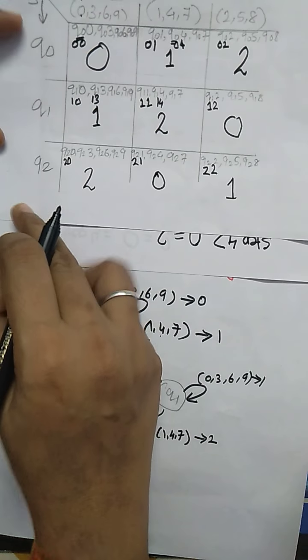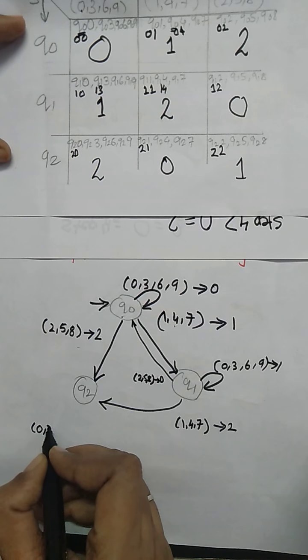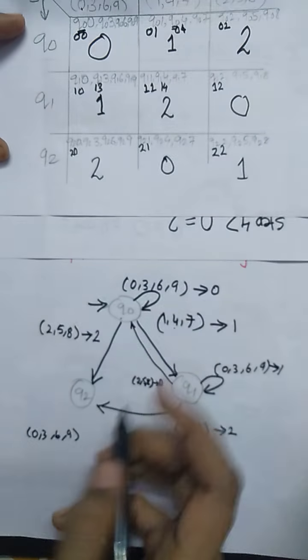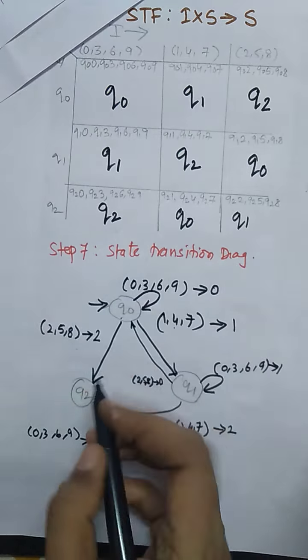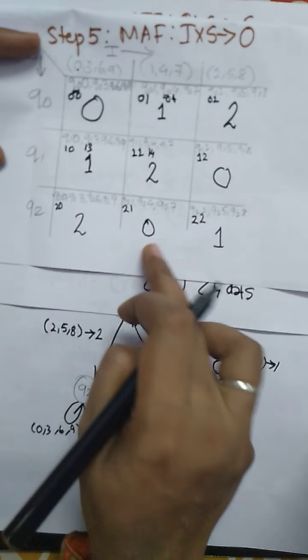Now Q2 with 0369, what is the output? Output is 2, and Q2 with 0369 goes to Q2 itself. Q2 with 147, what is the output?